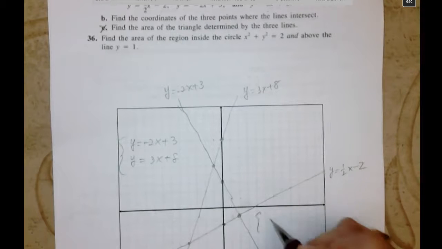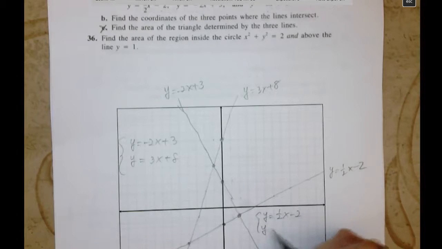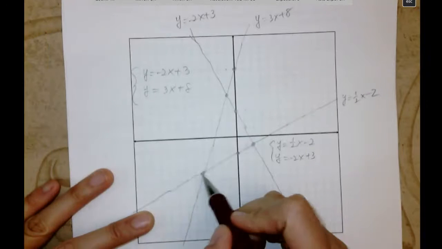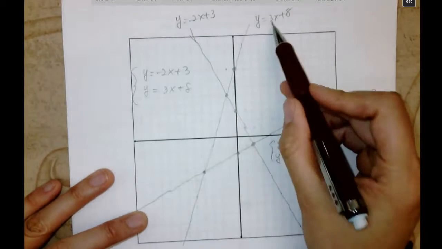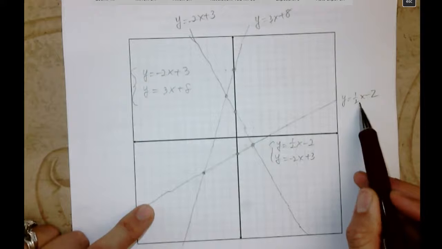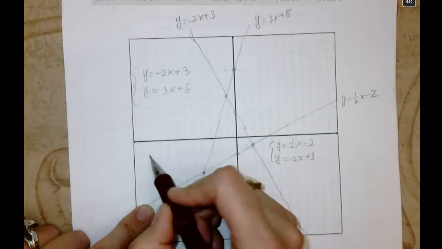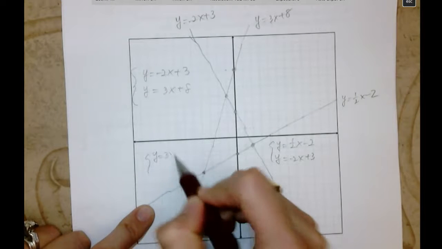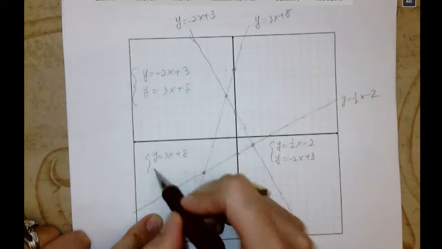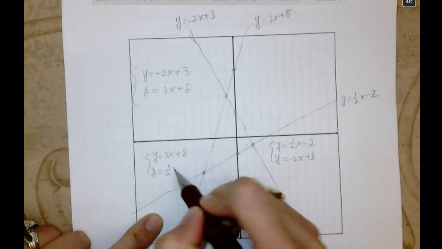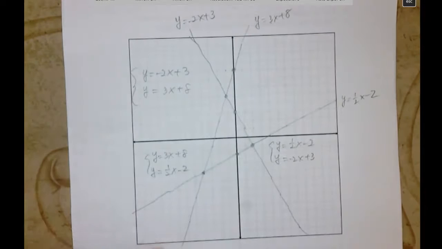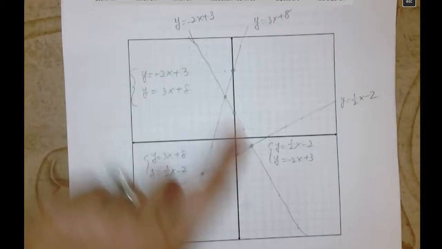So this system is y equals 1/2 x minus 2 and y equals -2x plus 3, right? And then this is this line and this line, right? This point. So y equals 3x plus 8 and y equals 1/2 x minus 2. Okay, those are the systems you have to solve to get these.